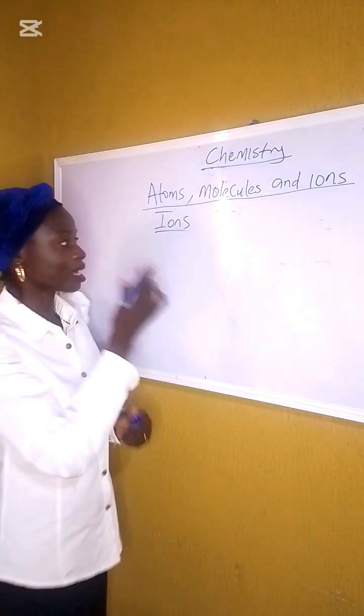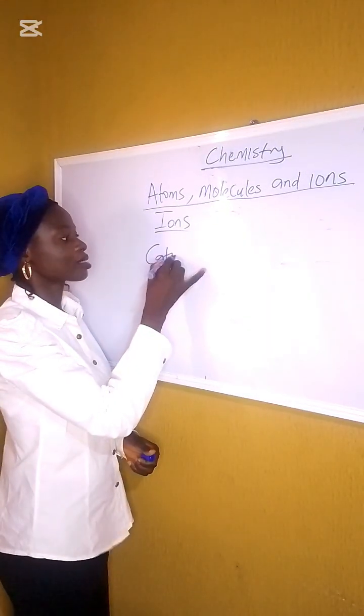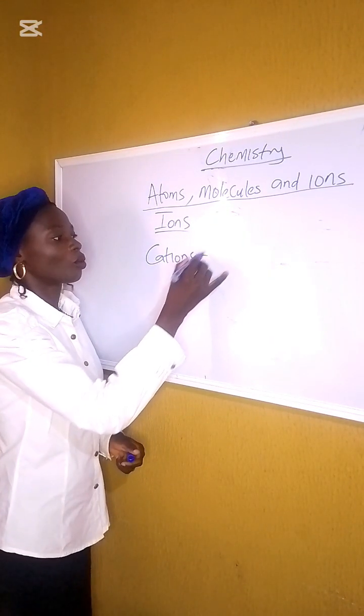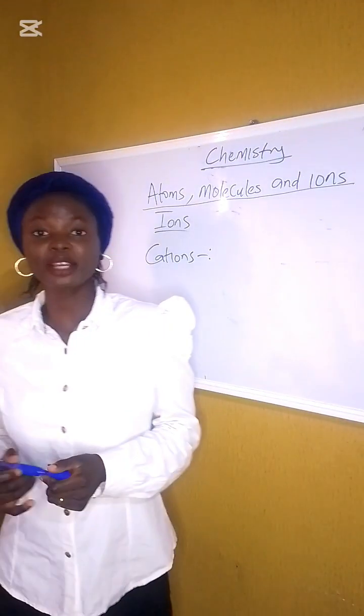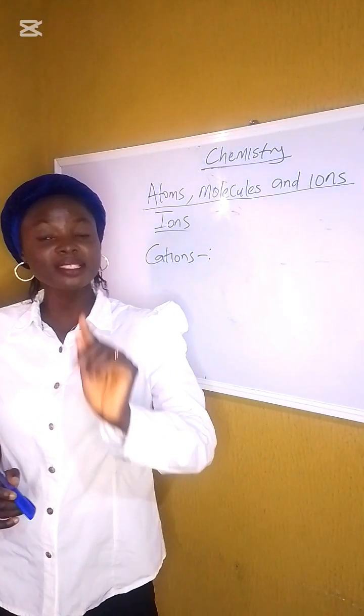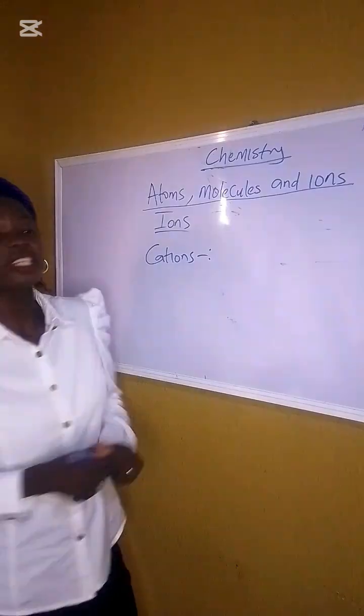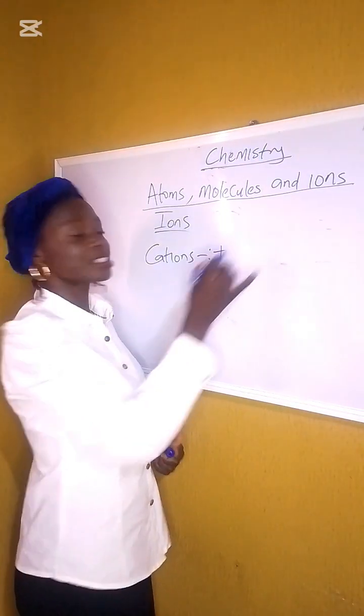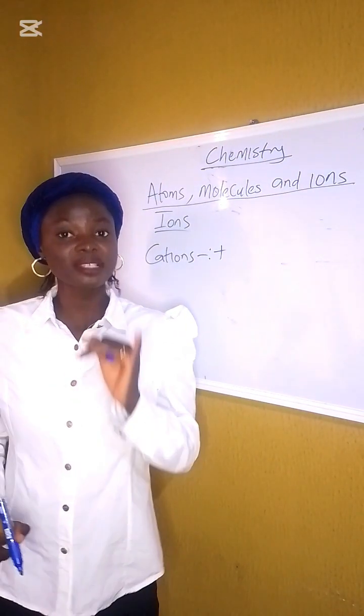Let's start from the cations. What are the things you need to know about cations? Number one, cations are positively charged. They carry positive charge.